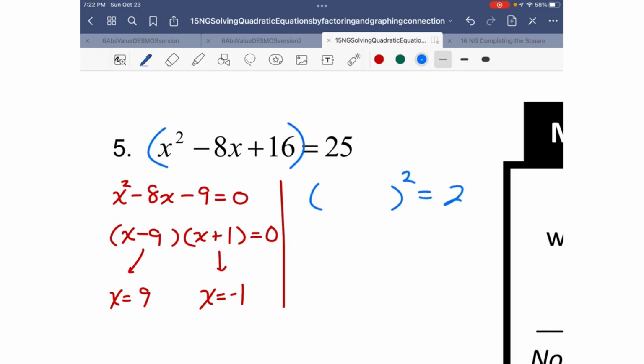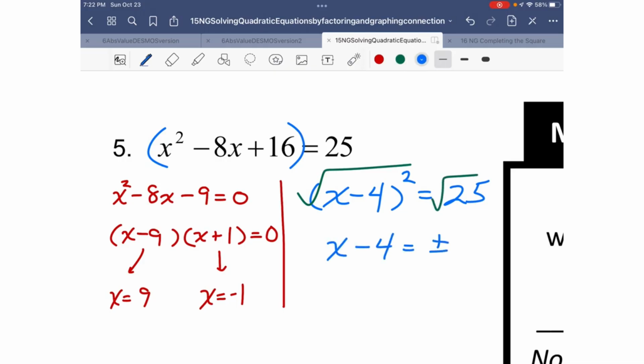But there is another way, and the other way is to recognize that I do have a perfect square trinomial. It's called a PST. If you notice this, then you can actually 100% rewrite the problem as x minus 4 squared equals 25. Okay, and you're using a little bit more of a square root method here.